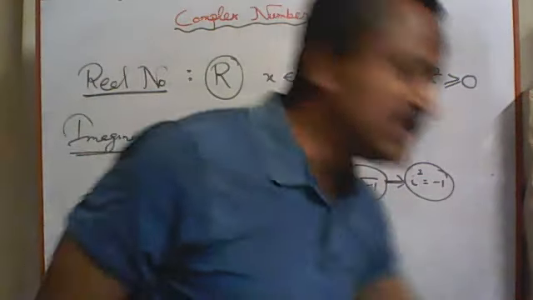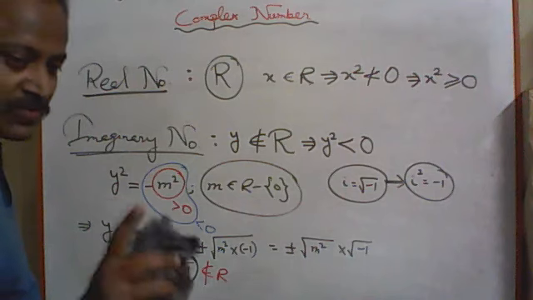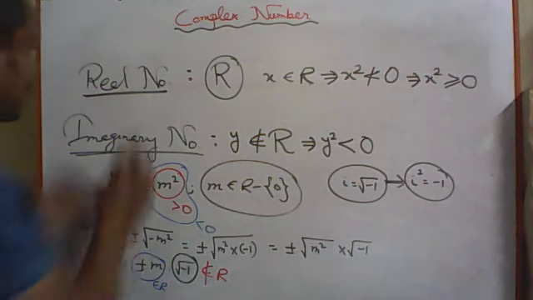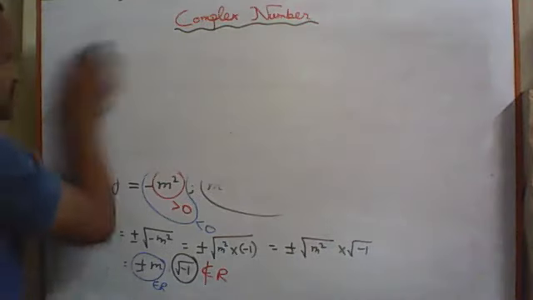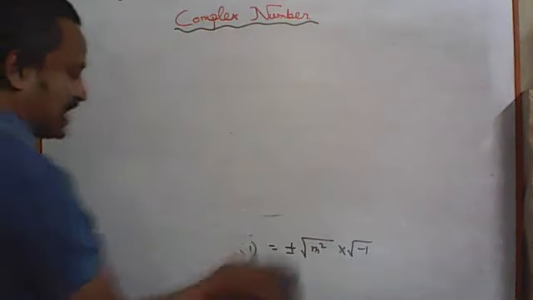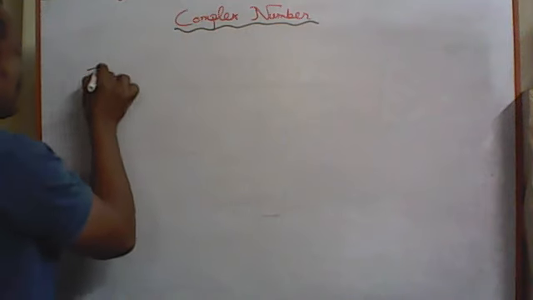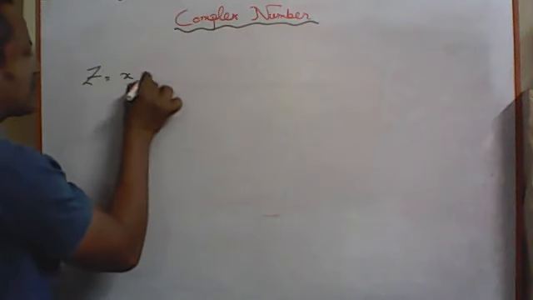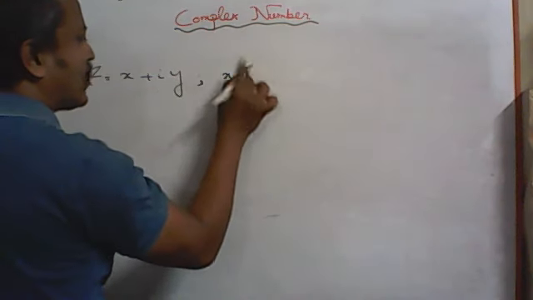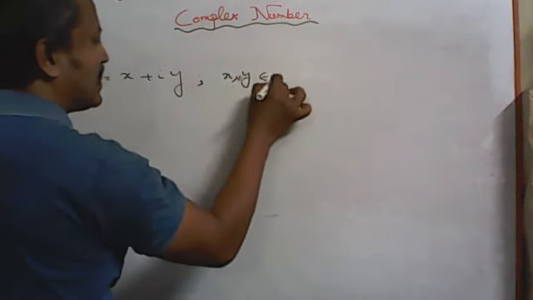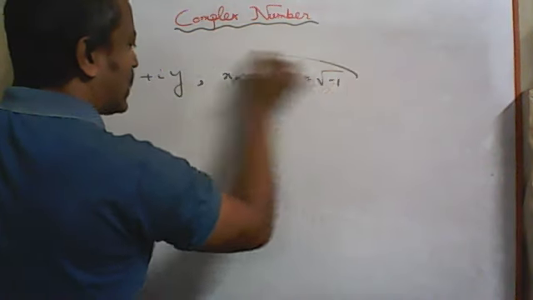But our topic is complex number, which is composed of two parts, one real and one imaginary. So how can we express that complex number? Since a complex number is the composition of two parts, one real and one imaginary, consider a new number z composed of two parts, x plus iy, where x and y are real and i equals root under minus 1.